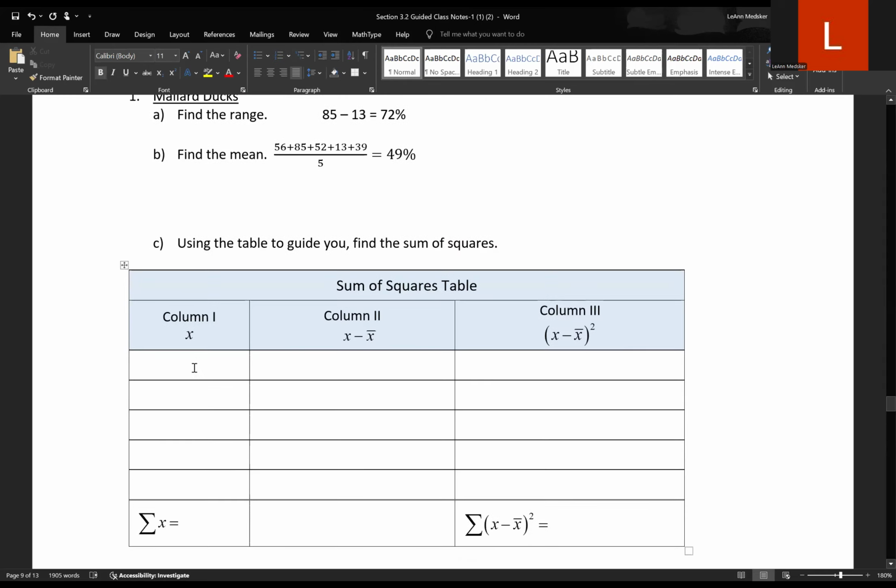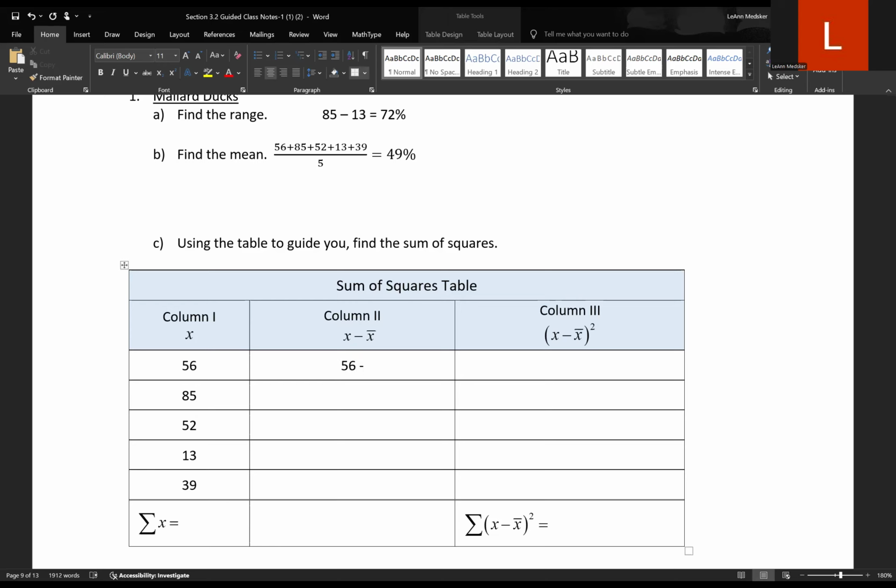Okay, and then this is where we were ending up towards the end. We were doing the standard deviation using the sum of squares table to help us find the numerator part of our formula. So we had our 5 groups, which were our percentage groups: 56, 85, 52, 13, and 39. Then remember, you do each item minus the mean. Our mean was that 49% up there.